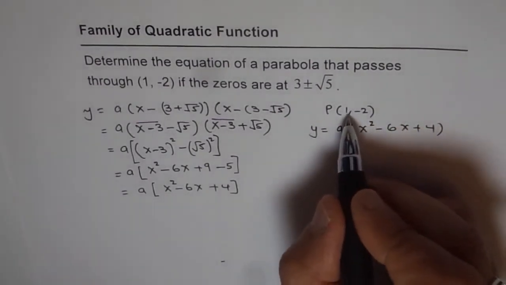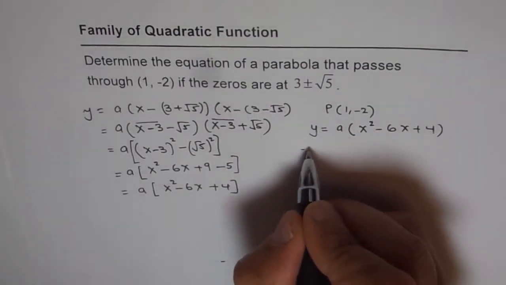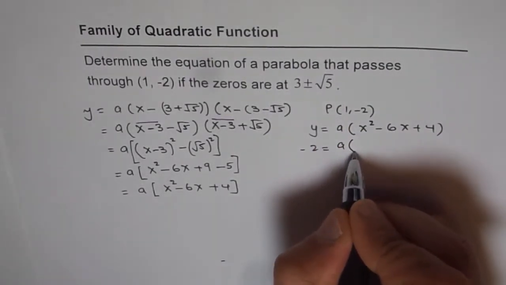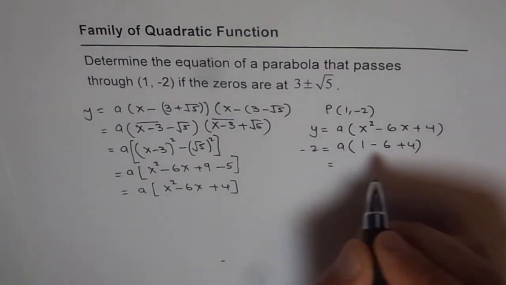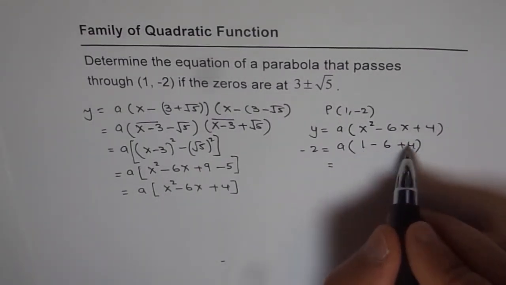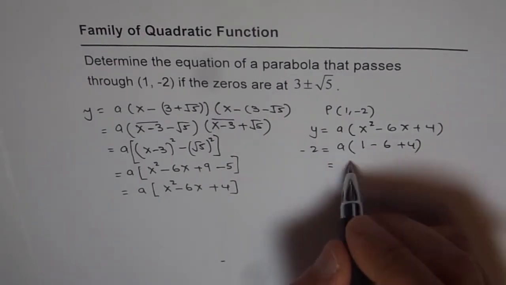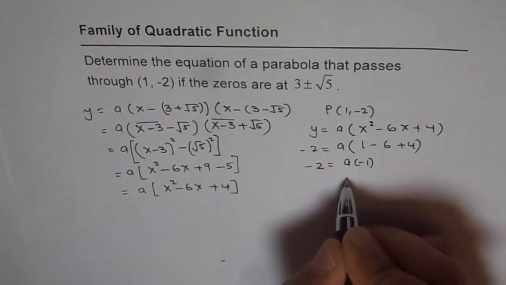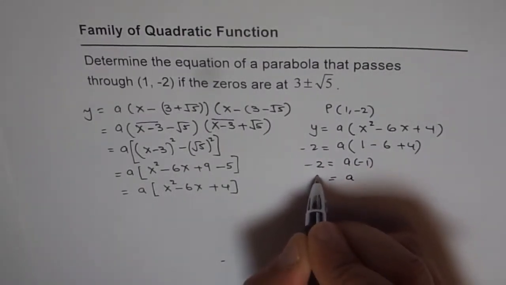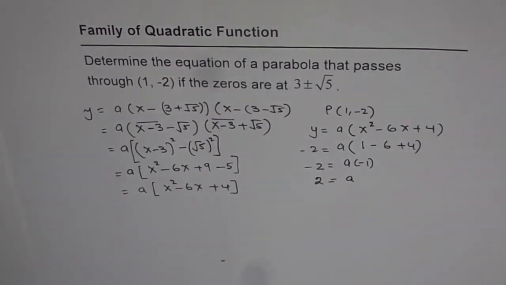Now here if we substitute 1 for x and -2 for y, we can get the value of a. So 1 - 6 + 4, which is 1 plus 4 is 5, and minus 6 gives us -1. So we get a times -1 equals -2, or a equals just the number 2. So we get the value of a.